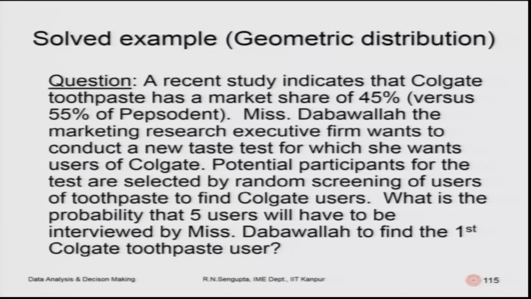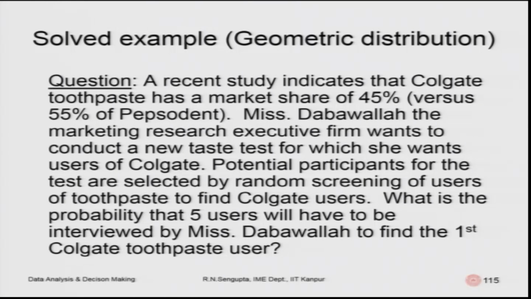So, geometric distribution problem. A recent study indicates that Colgate toothpaste has a market share of 45% versus 55% of Pepsodent. Ms. Dabbawala, the marketing research executive firm, wants to conduct a new taste test for which she wants users of Colgate. Potential participants for the test are selected by random screening of users of toothpaste to find out Colgate users.